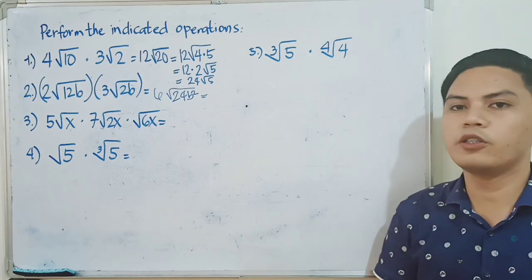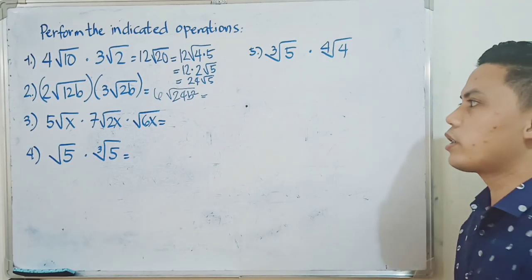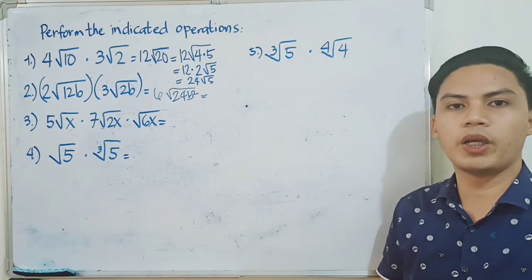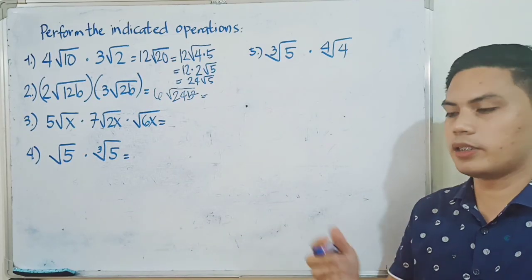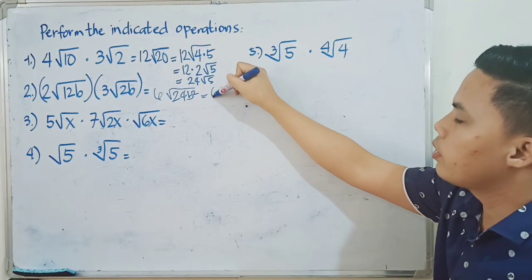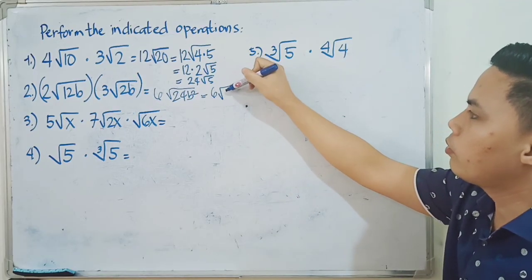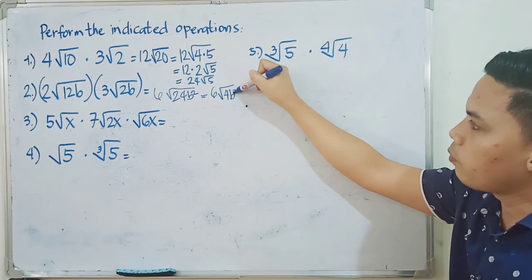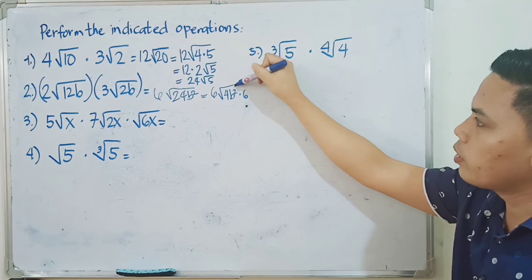Okay, titignan natin ngayon kung pwede pa nating ma-extract yung factors ni 24. So, ano kaya yung mga factors ni 24? We have 4 times 6. So, 6 square root of 4 b squared times 6.